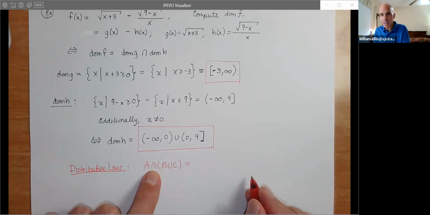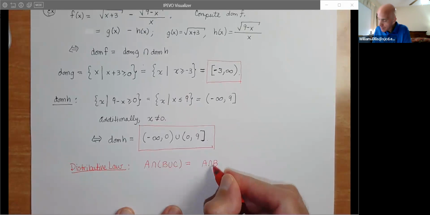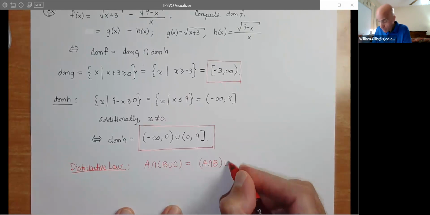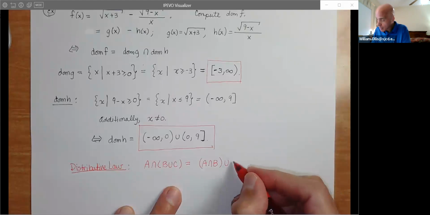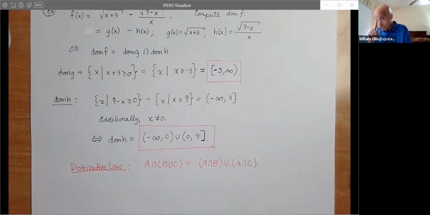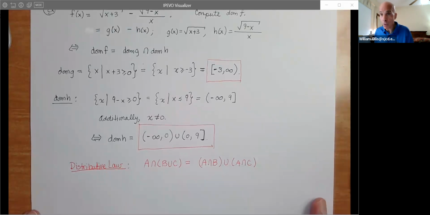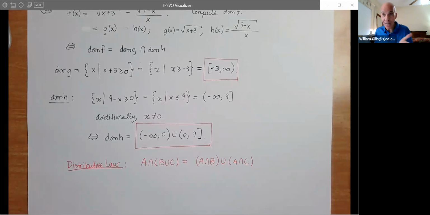If we think of intersection as multiplication and union as addition, this will be A intersect B union A intersect C. So that's just a simple distributive law that reminds you of what you do with multiplication distributing over addition or subtraction, as the case may be.